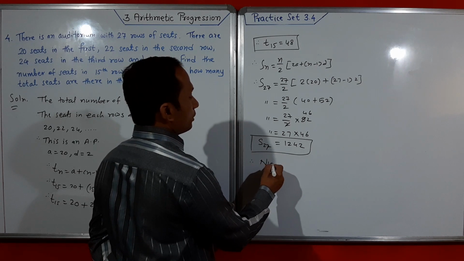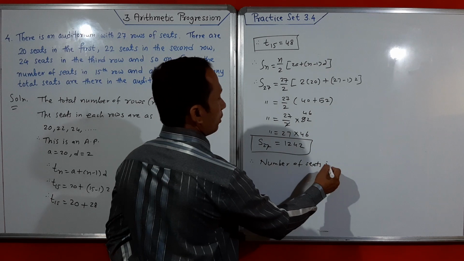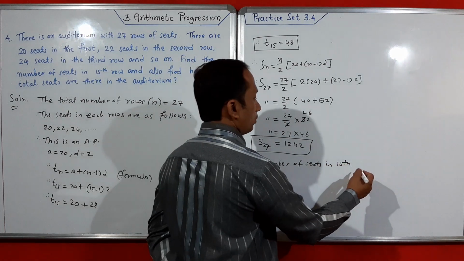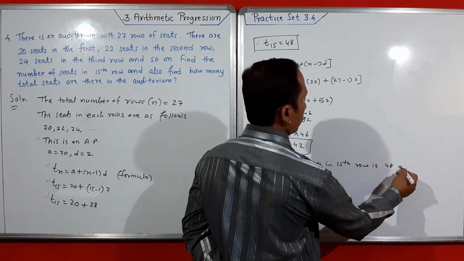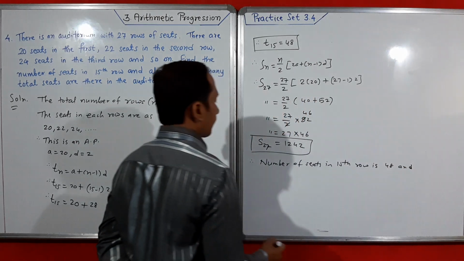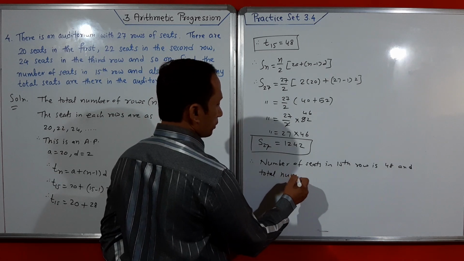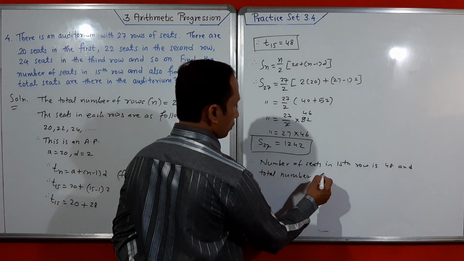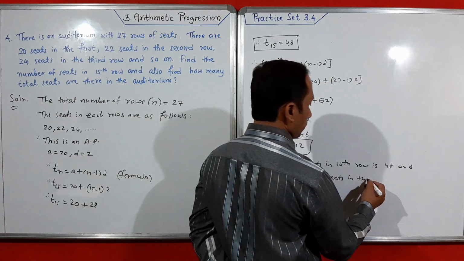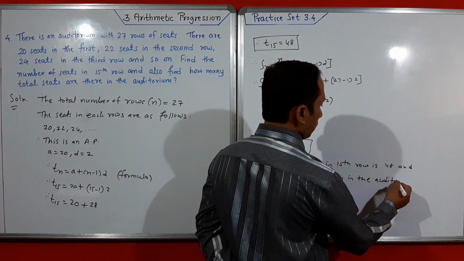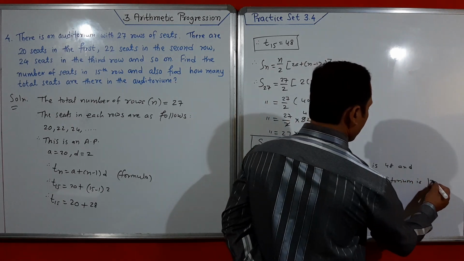Therefore the number of seats in the 15th row is 48, and the total number of seats in the auditorium is 1242.